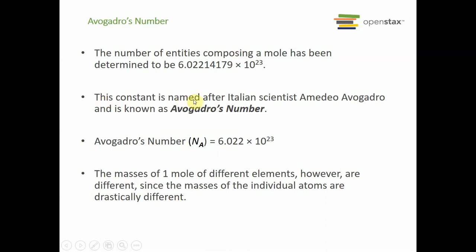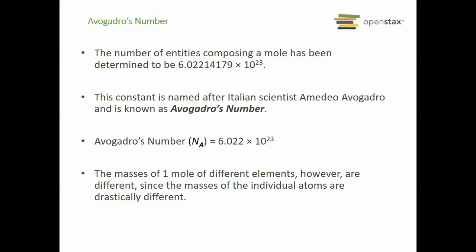This constant is named after an Italian scientist, Amedeo Avogadro, or Avogadro. I tend to speak things in Spanish. It's known as Avogadro's number. A curious fact is Avogadro never knew his number.